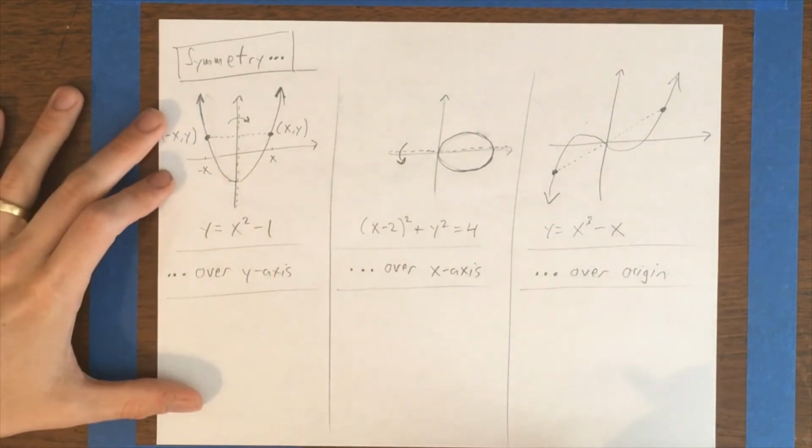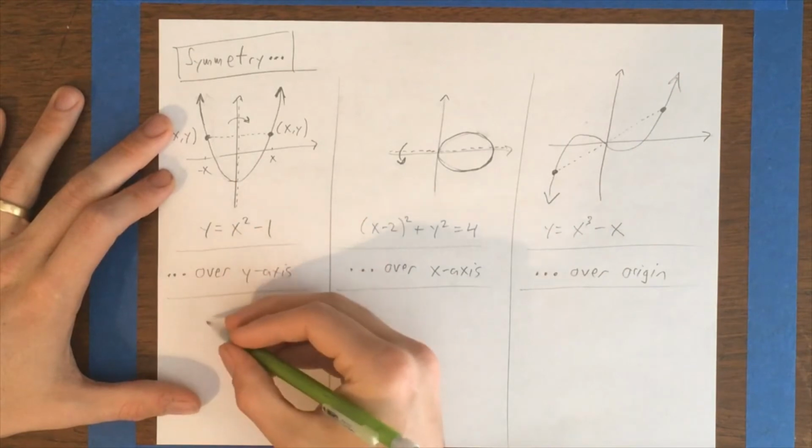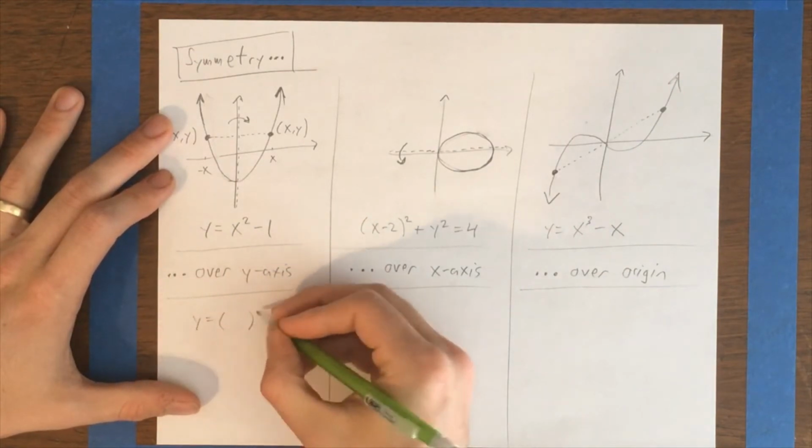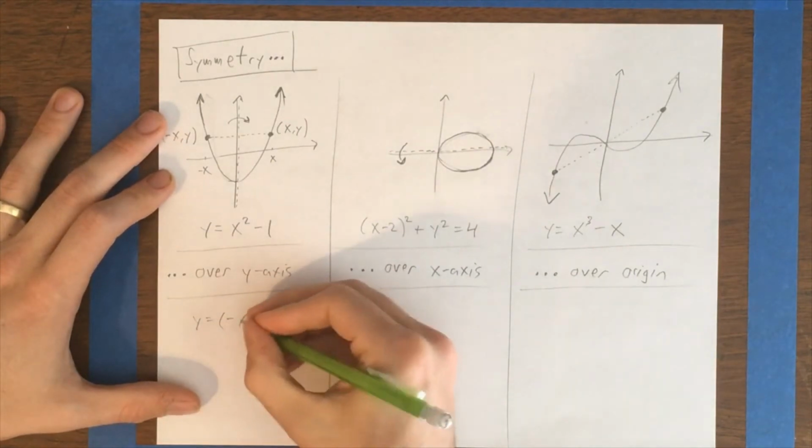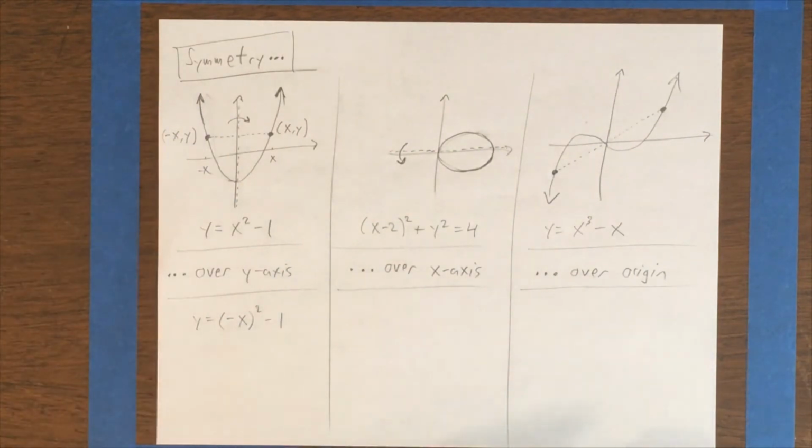So we can check algebraically by taking the x in the equation, the spot where x would be, and replacing it with negative x. And then we just analyze it algebraically, do some sort of manipulation just to see if that equation is in fact identical to the original equation.